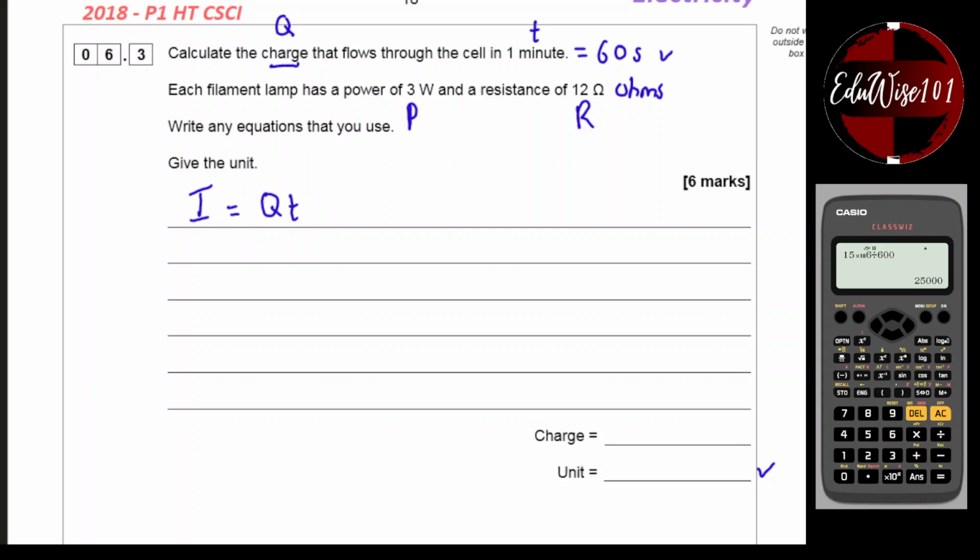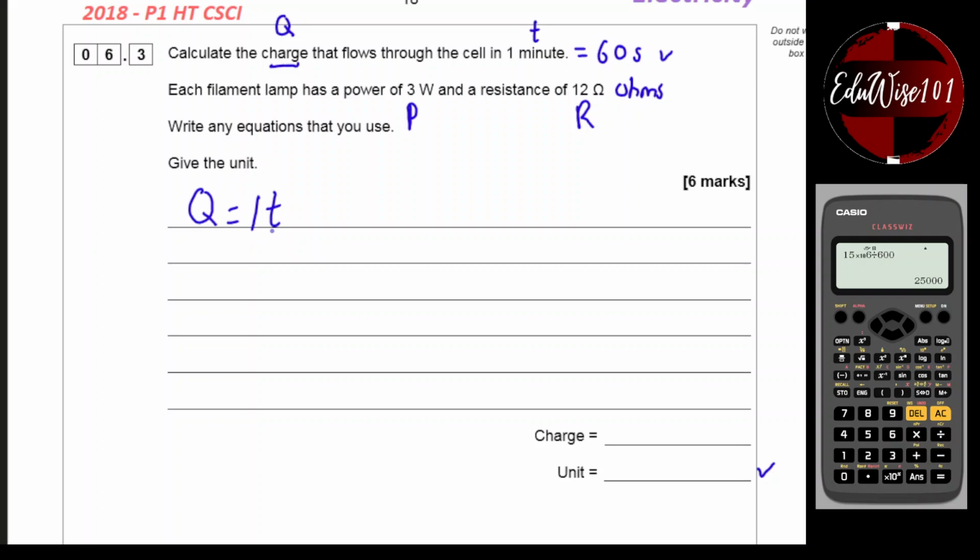I've written the equation incorrectly earlier. The equation which involves Q equals IT. So if I know the value of the current, and I know the time here, which is 60 seconds, I can find out the value of the charge, which is what we want.